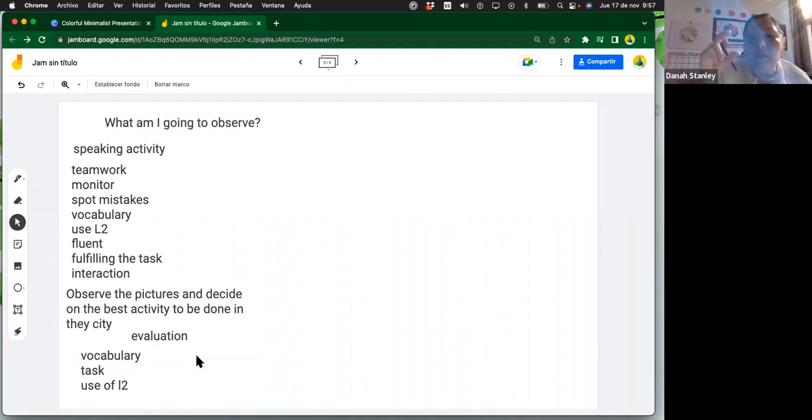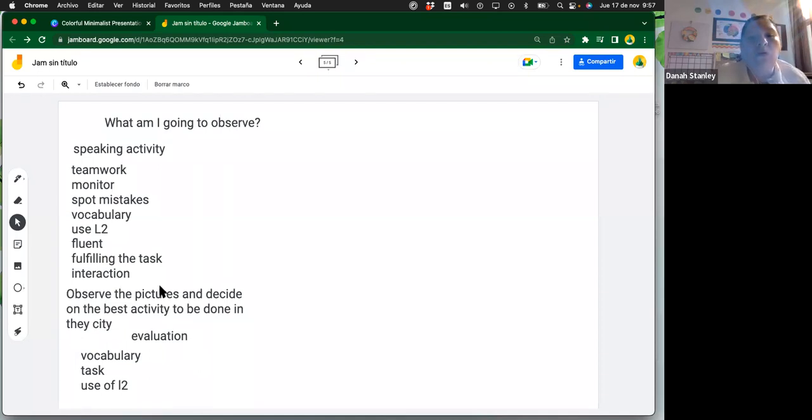Although the activity may seem very simple and that it can be done in a short period of time, you give them a few more minutes, so you have enough time to at least listen once to each team. And you make your notes, okay?